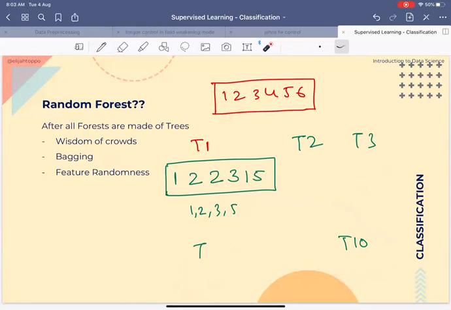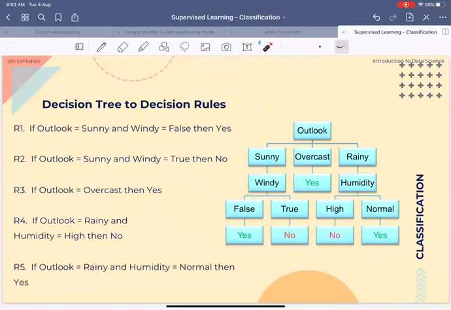The other way we can create variation is by something called feature randomness. We saw that once we choose a root feature, we can go down and choose, okay, Outlook can take three options: sunny, overcast, and rainy. For sunny, we have to then see what features we can take. So here we are left with three features: humidity, temperature, and windy.